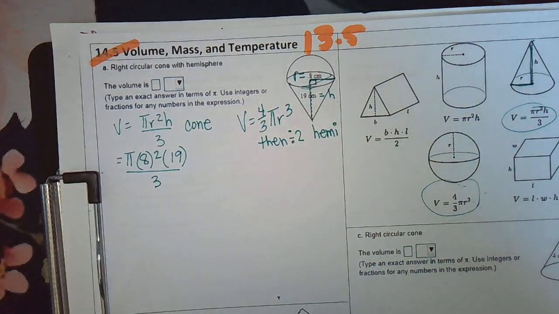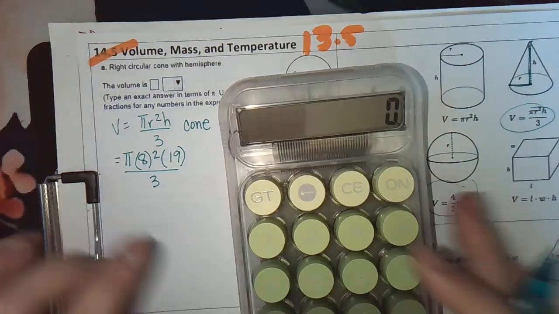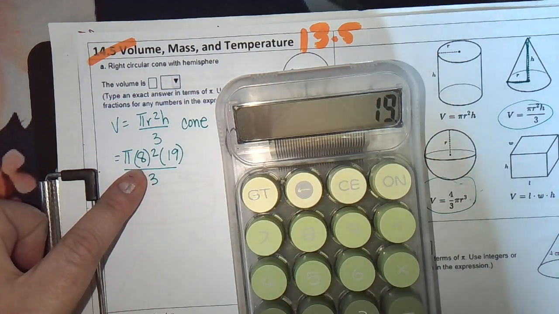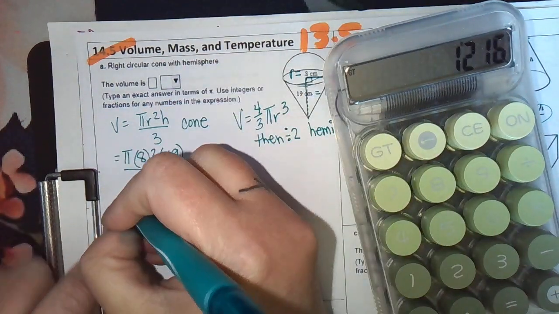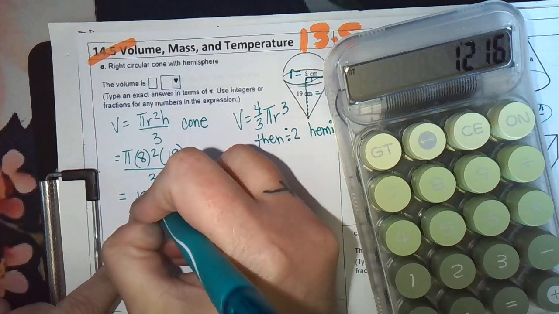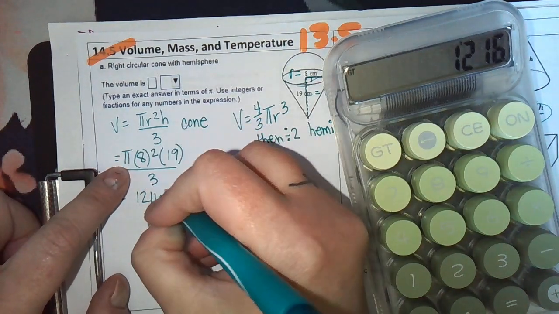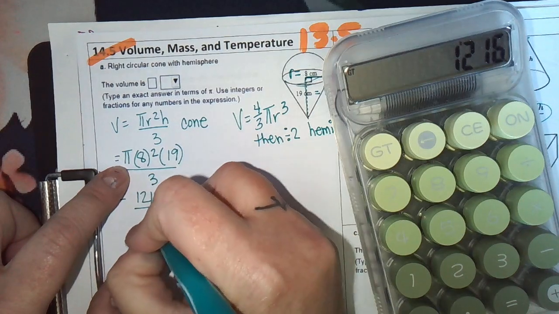And then let's work on this slowly. The top is going to be 8 squared is 64, times 19 is 1216. And all I did were the numbers, so let me just write down that pi afterwards. All over 3.